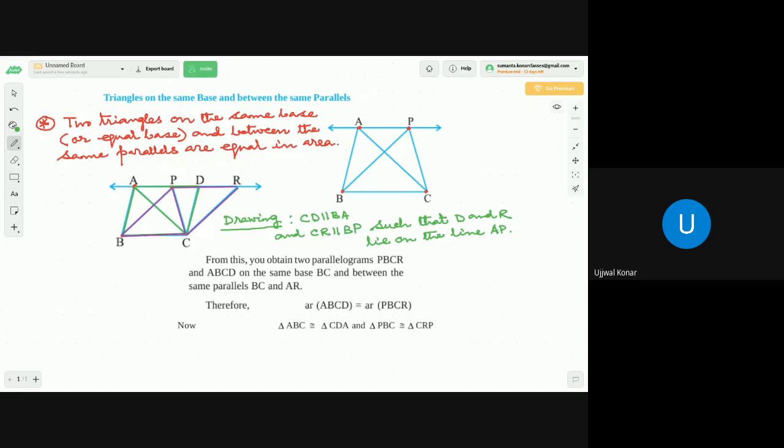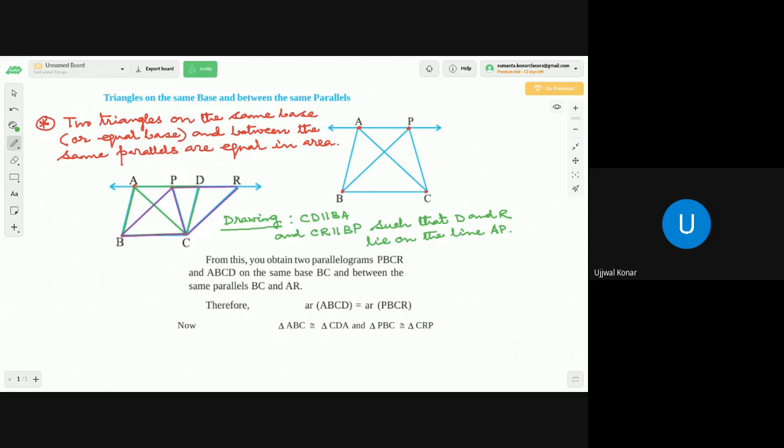Do you agree? Yes, sir. Because in the last session we discussed that when a triangle and a parallelogram are on the same base and between the same parallels, the area of the triangle is equal to half the area of the parallelogram, correct?